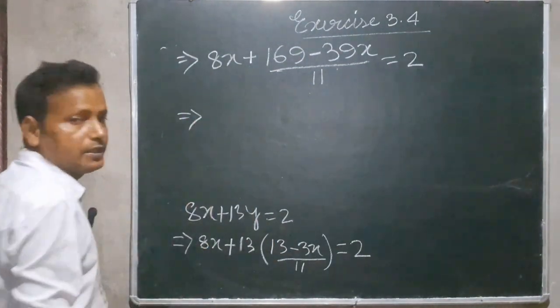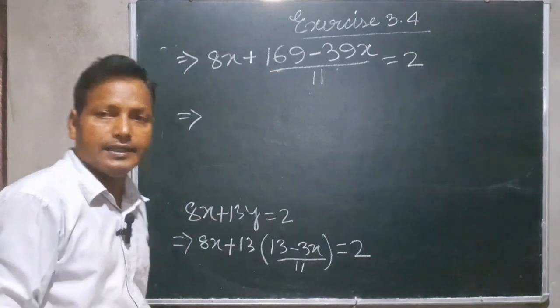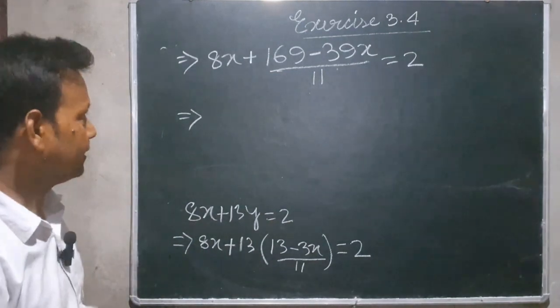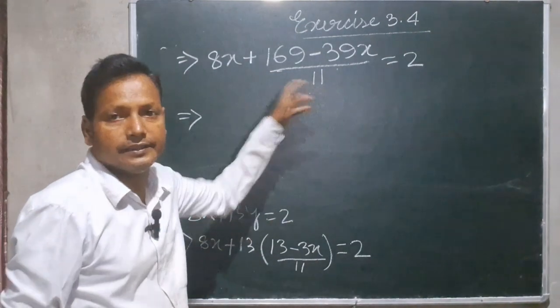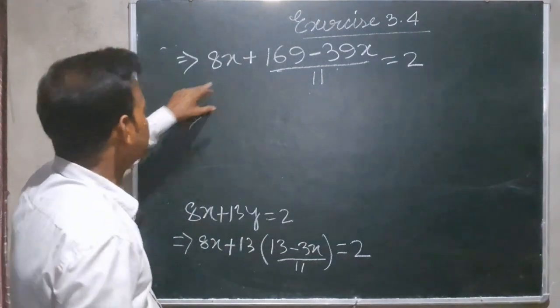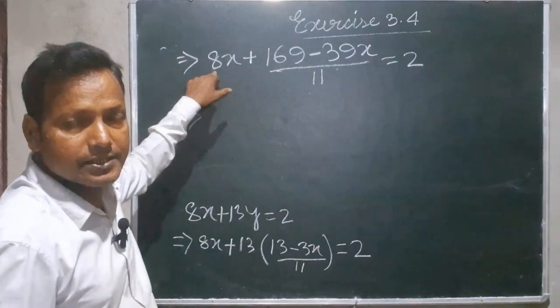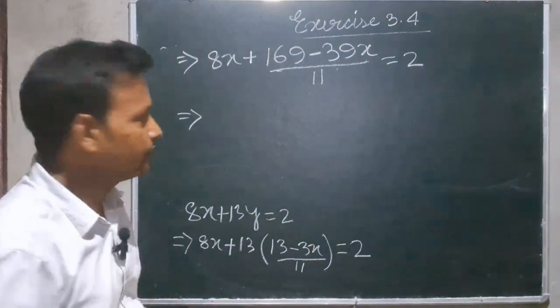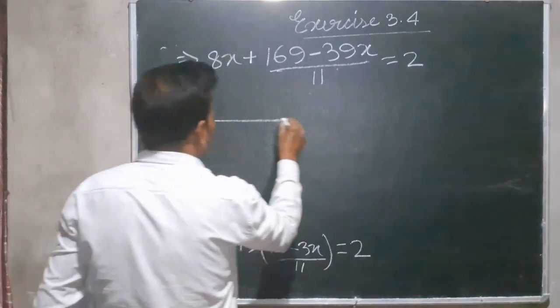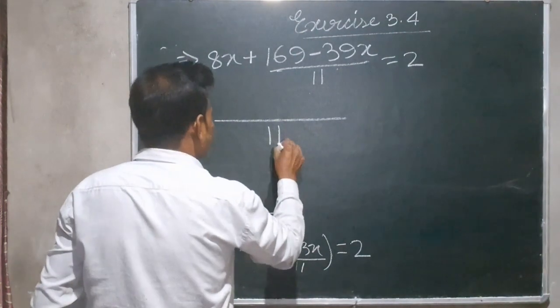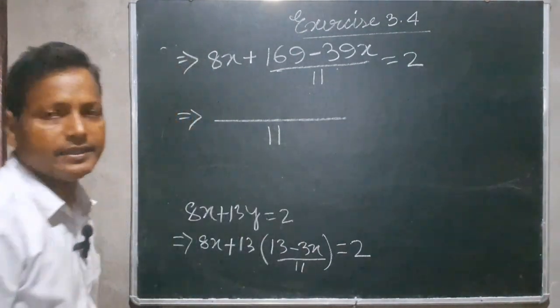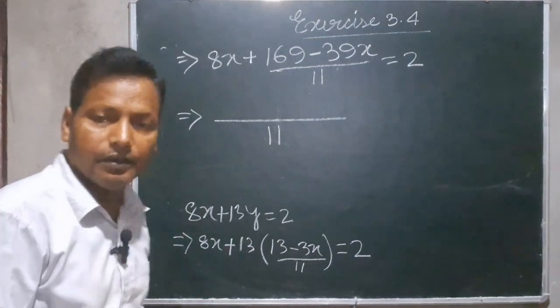Now we have to take the LCM here. We can take 11 as the LCM. Here 8x has 1 as its denominator, that's why we can take 11 as the LCM because 11 is a multiple of 1.